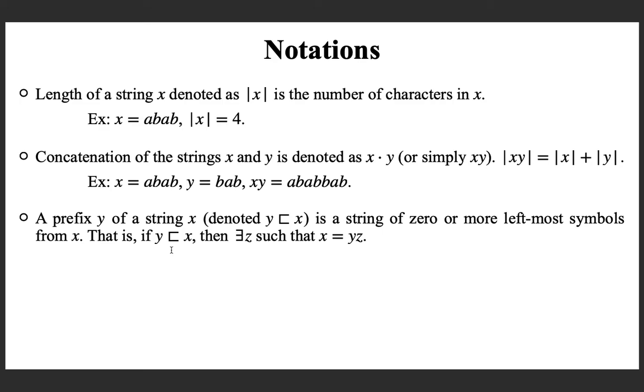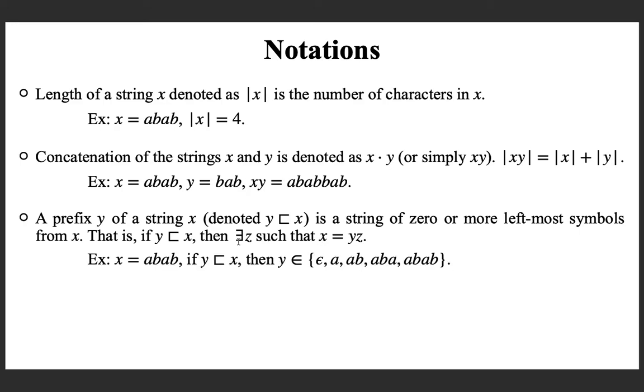That is, it is a sequence of 0 or more symbols from the left side of that string. So, if y is a prefix of x, that means x can be written as the concatenation of y with some other string z. So, y is a prefix of x. Hope you are getting it.